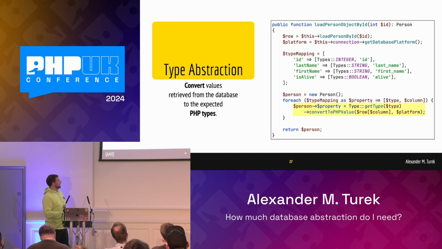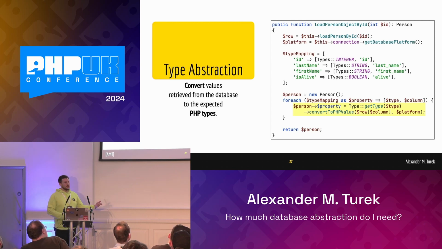This is a bit more low level than the ORM does it, because here I can say, when I'm using prepared statements, that, for instance, the isAlive is a Boolean, and then I get the particular type, and I tell this type to convert it to the value that the database would expect.